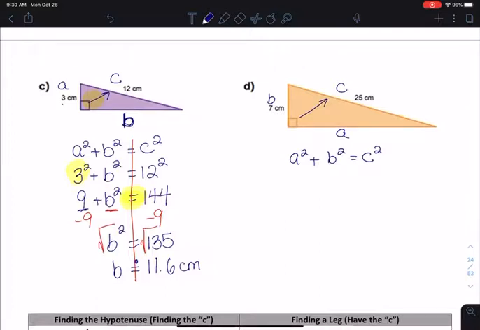In place of the A, I keep A because there's nothing there. Plus, in place of the B, I'm going to put 7, so that's 7 squared. And in place of the C, I'm going to put 25, so it's 25 squared. So here A squared is just A squared. We're evaluating right now. 7 squared is 49. And 25 squared is 625.